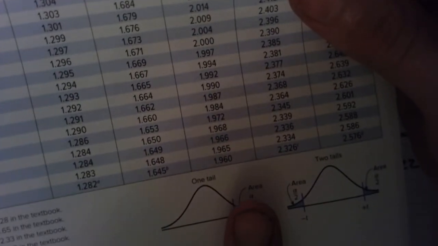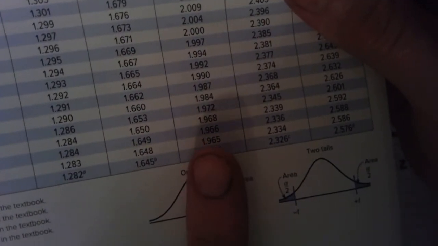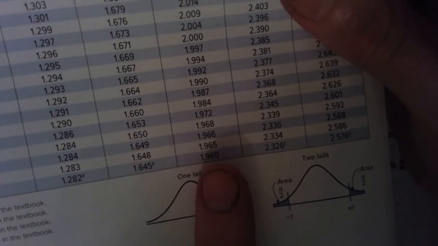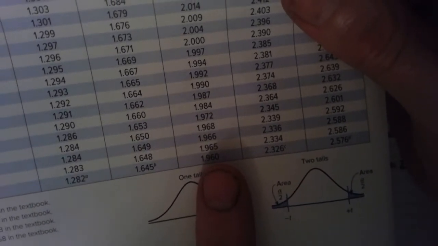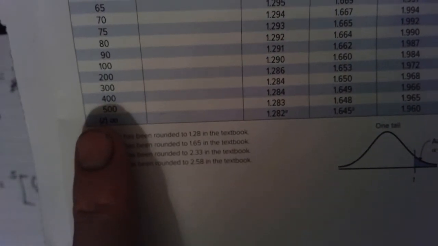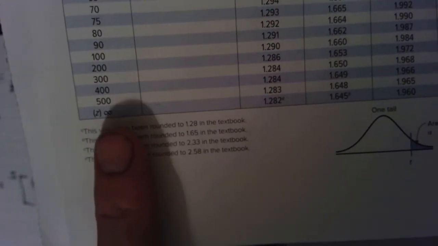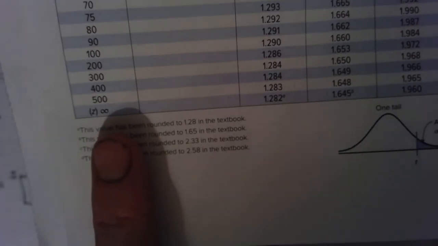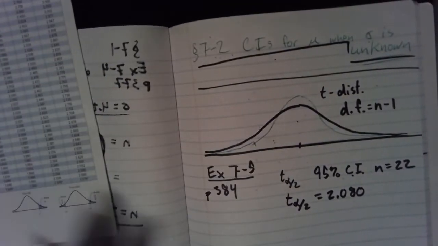They're lower and lower values. And at the very bottom, we see that familiar value again, 1.960. That's the z distribution using an infinite number of degrees of freedom. All of those are our familiar z values. So that's a nice handy place where we can access those critical z values as well.